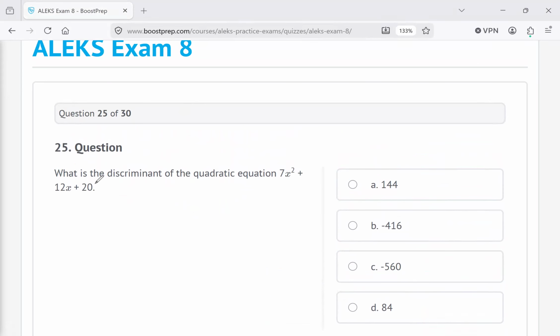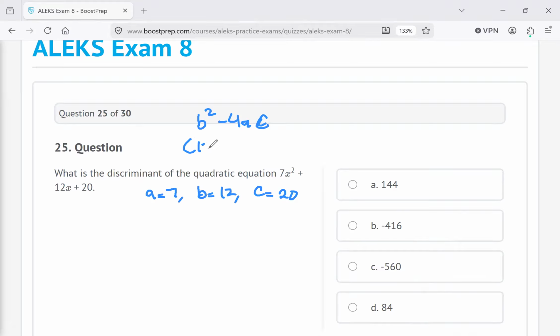What is the discriminant of the quadratic equation? So what is a discriminant? It is b squared minus 4ac. That's it. That is a discriminant. So those are a, b, and c. My a is 7, b is 12, and c is 2.